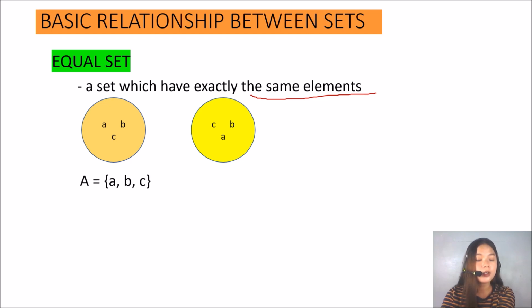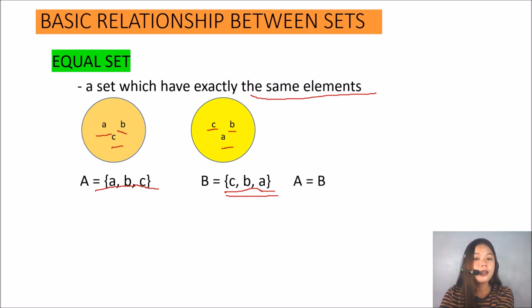So, let us look at this, set A and set B. Sa loob po ng set A, we have element A, B, and C. Sa set B naman po natin, we have element C, B, A. So, as you can observe po, yung A, B, C ay parehas lang po sa C, B, A. Arrangement doesn't matter po sa set. Pag binasa po natin mula dito, papunta po doon, ay parehas pong A, B, C lang po ang element nila. Therefore, the two sets are equal. Set A is equal to set B.